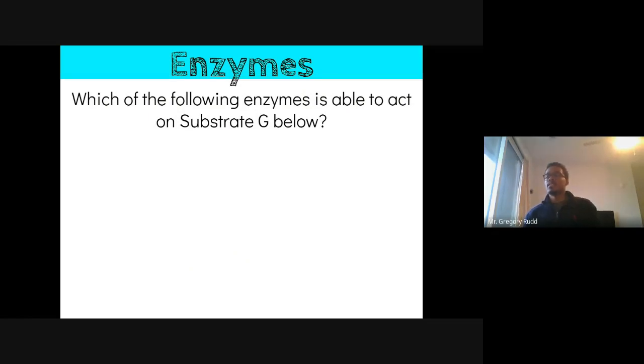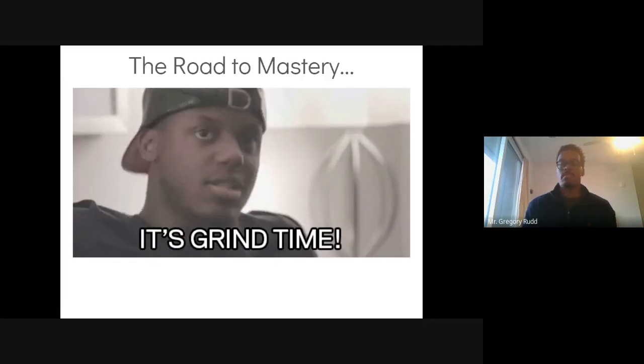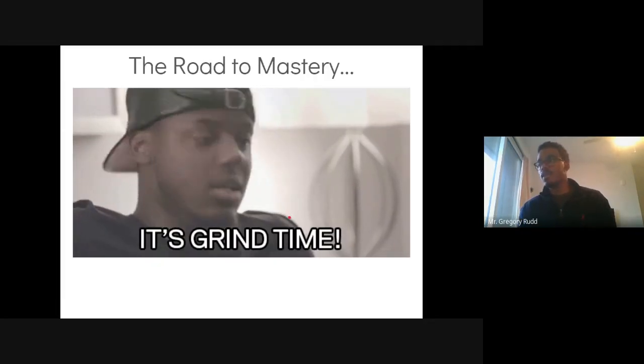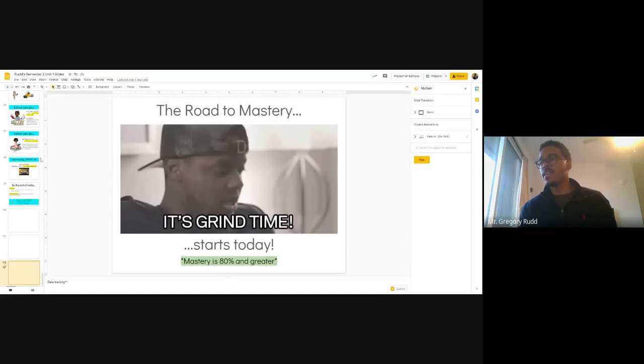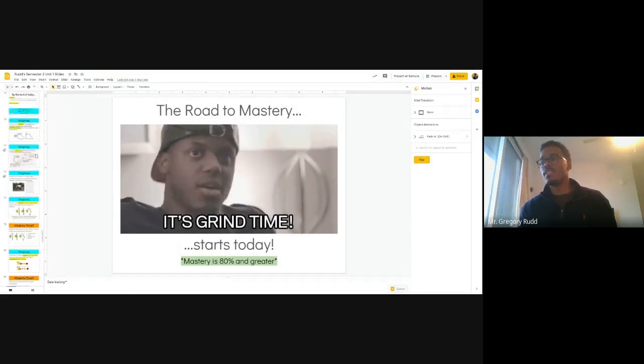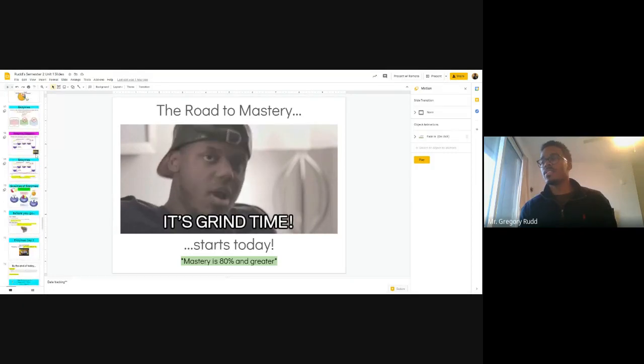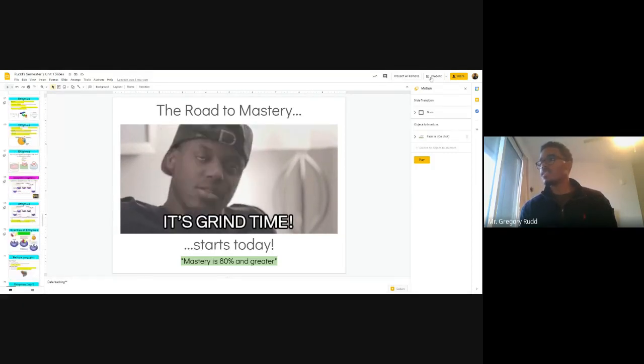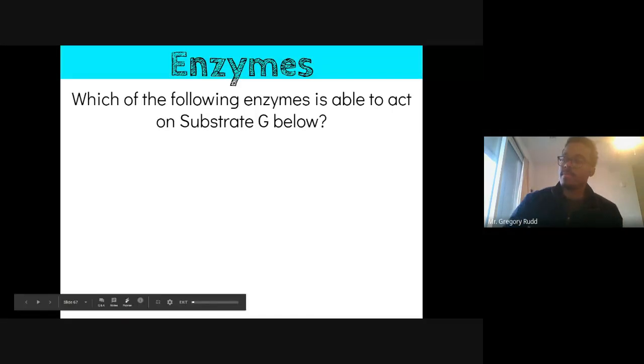So let's take a look at this. Question, which of the following enzymes is able to act on substrate G below?